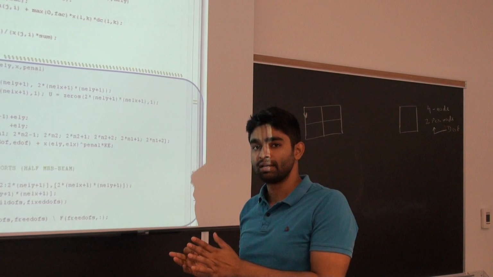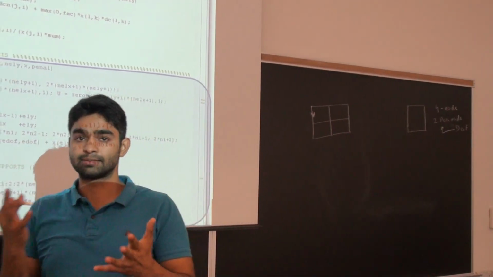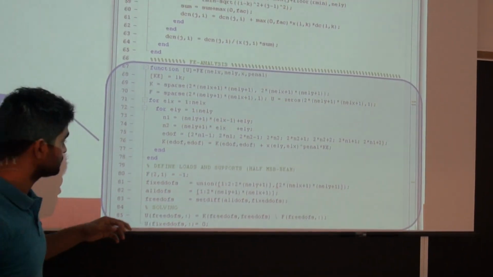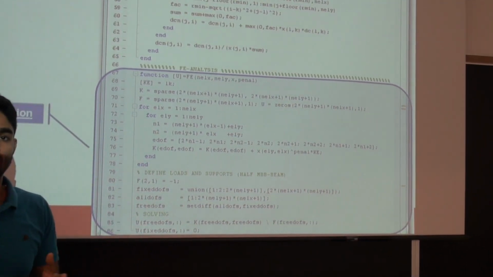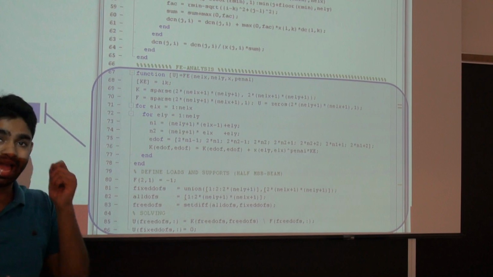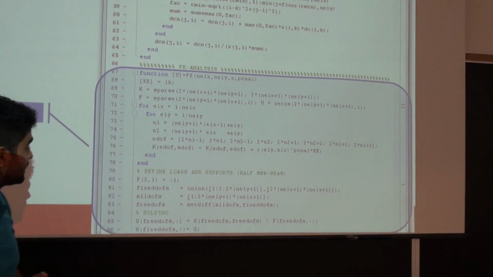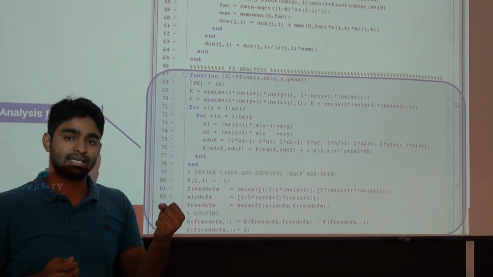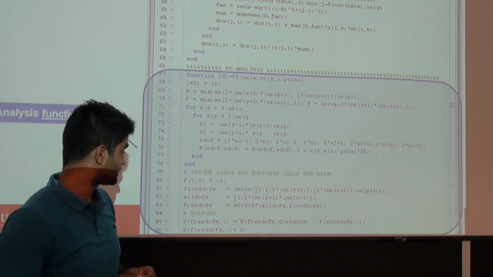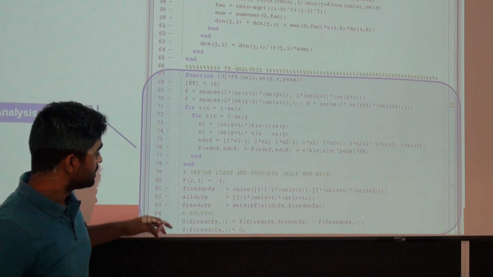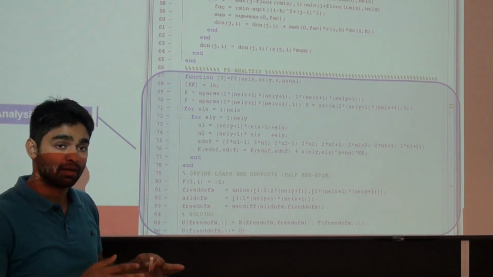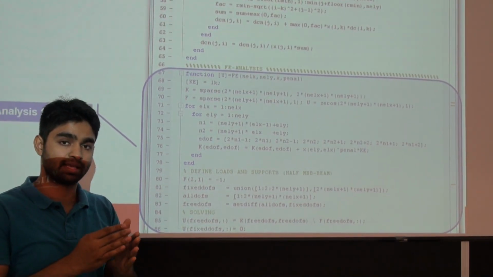The next thing we want is a displacement matrix. So the displacement matrix consists of known displacements and unknown displacements, right? So we first segregate the known displacements, which are nothing but the boundary conditions. Here we have boundary conditions of fixed nature, meaning they are fixed.